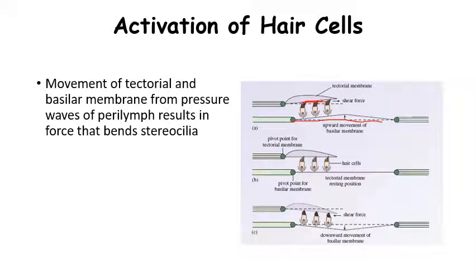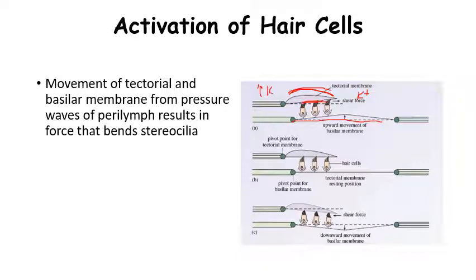That bending is going to bend those stereocilia, and again we have potassium channels. When these get bent, we have potassium channels opening, and this here is endolymph fluid, which is high in potassium.